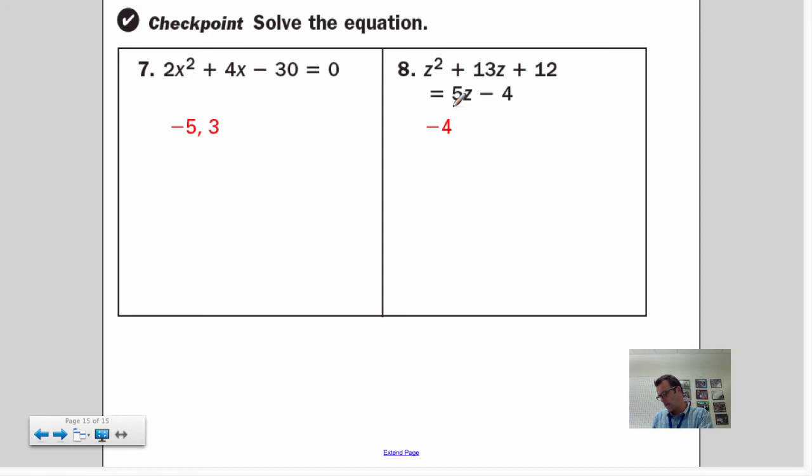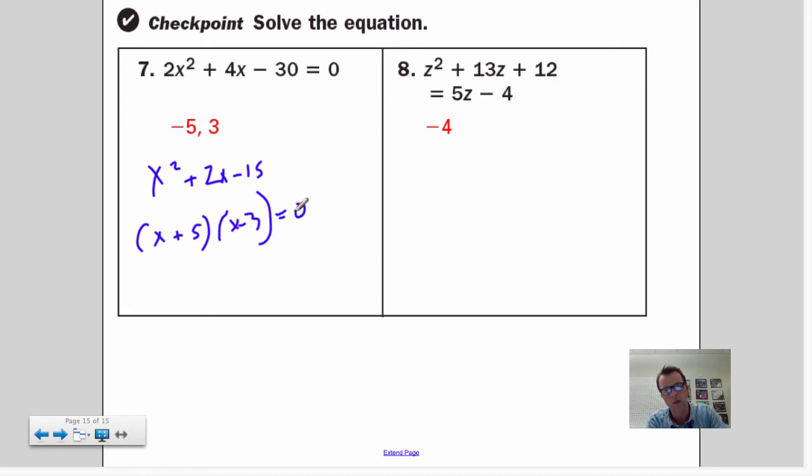So I wrote it down just for the sake of time. I factored this first one. I went to x squared plus 2x minus 15, and then that factored to x plus 5 and x minus 3. And then the second one, this is again equal to 0 and solved.